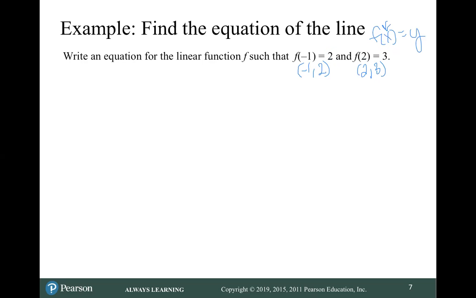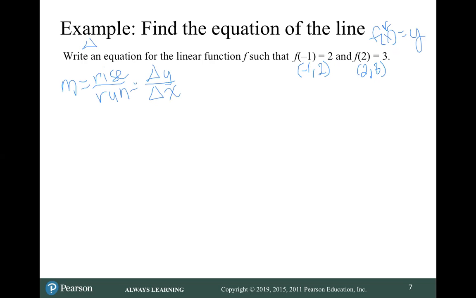Okay, so how do we find the line from here? Well, we actually have a couple of options, but no matter what, we are going to need to find the slope. So let's find our slope, which we can think of as rise over run, or change in y divided by change in x. If you're not familiar with this notation, that little triangle is delta.